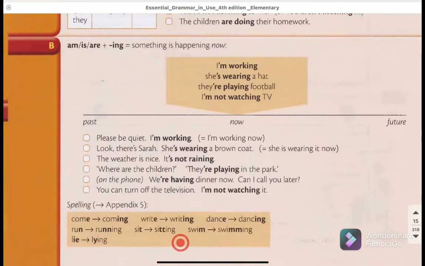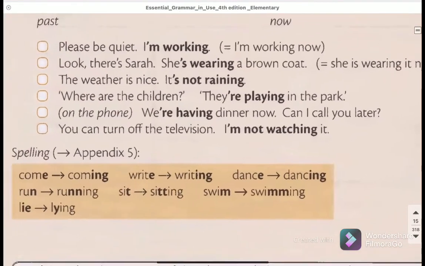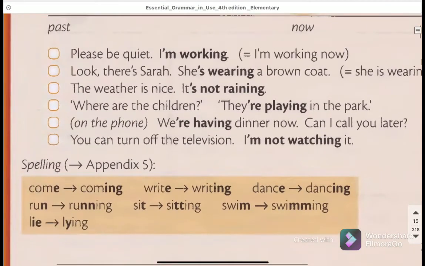And now, my dear students, let's look here at this rule. It is a very important rule.